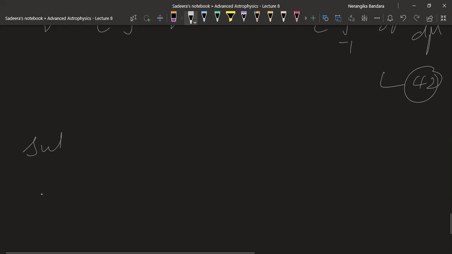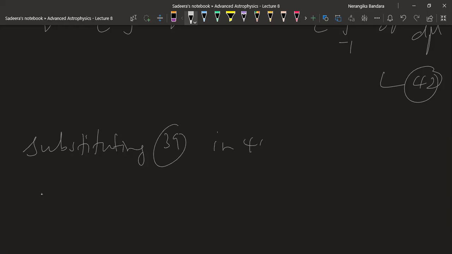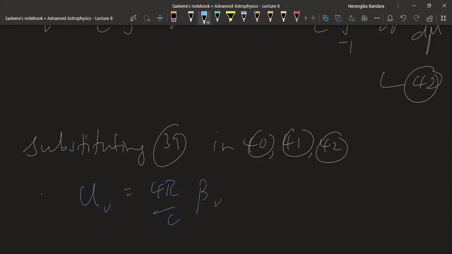So by substituting equation number 39 in 40, 41, and 42, you can write down U nu equal to 4 pi over c B nu. I'll just put B nu, okay?